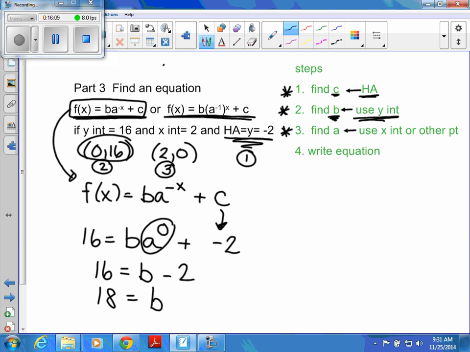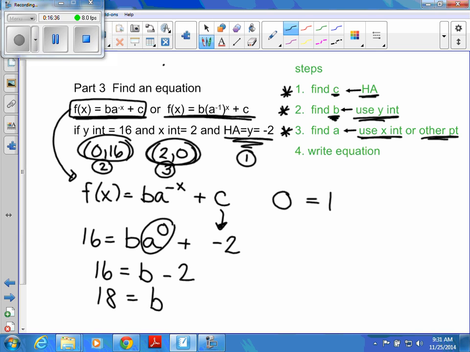Okay, now I'm going to find my A. How do I find my A? I'm going to use the x-intercept that they give you, or the other point that they give you. So, what's the other point? The other point is (2, 0). So I'm going to do it one more time. Again, y is going to stand for 0 now, because I'm using the other point. I know my B now.